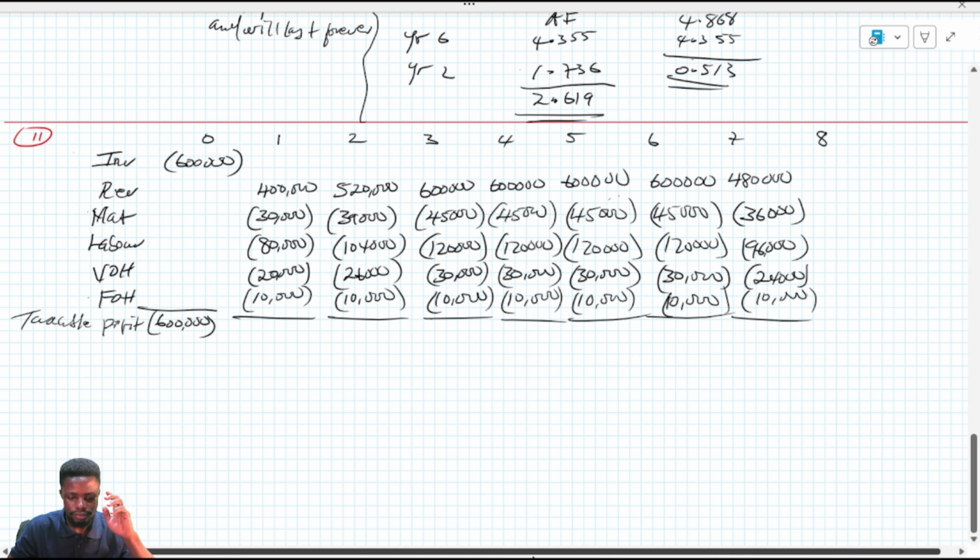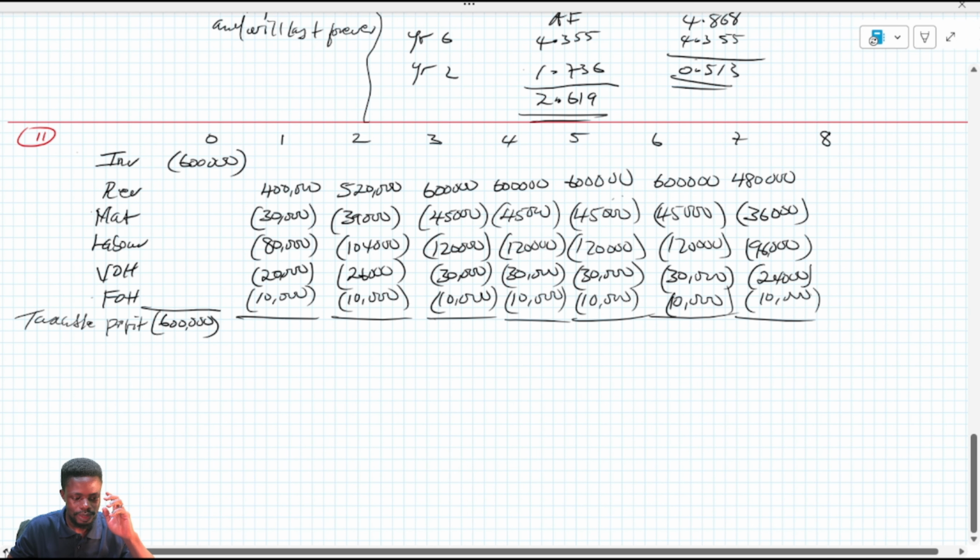So now the worth of your investment, $600,000. You add this one, you get the same figure as before, 260,000. Here you get 341,000.